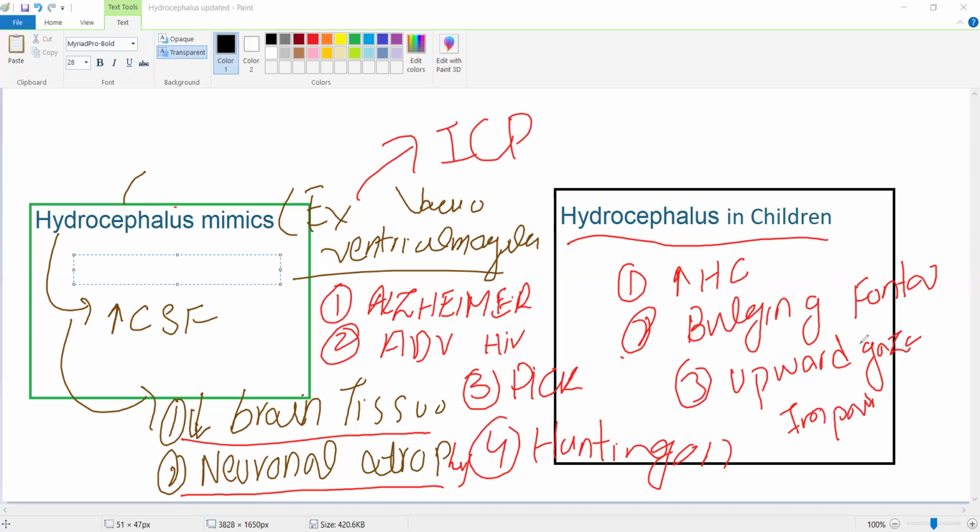So bulging fontanelle and sunset eyes. The sunset eye is basically due to the upward gaze impairment, so it's the same thing. Also prominent scalp veins. So these are the signs of hydrocephalus.